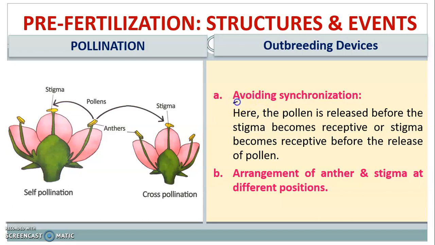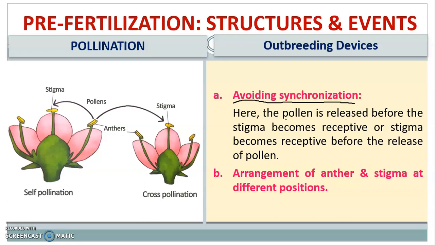Number one, the first is avoiding synchronization. The word synchronization means the matching of timing between the male and female structures. In this mechanism, the timing of maturation of the male and female gametes is different.